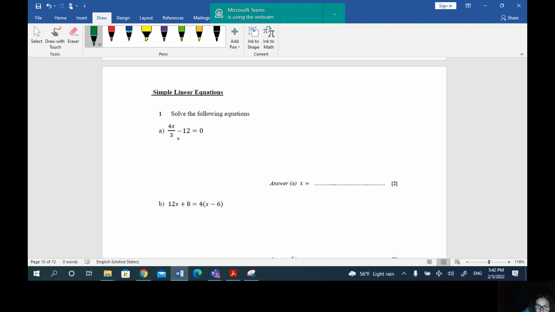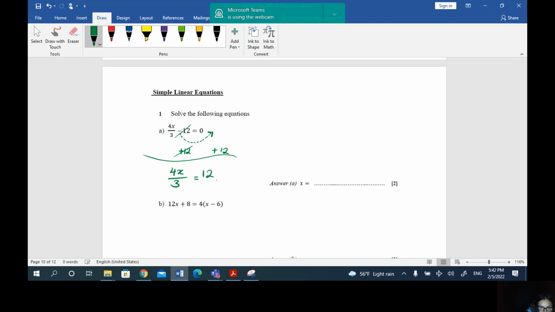The minus 12, we're going to send it to the other side by adding 12 to the left side of the equal and adding 12 to the right side of the equal. Whatever you apply on the left, you must apply on the right. So this will be cancelled with this. What is left here? 4x over 3, and then 0 plus 12 is 12.